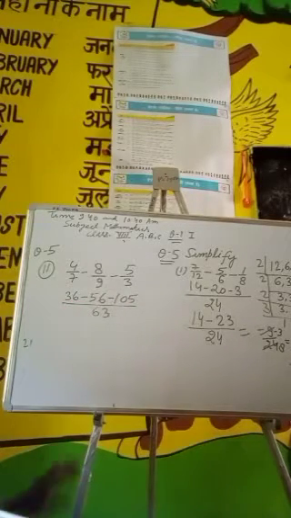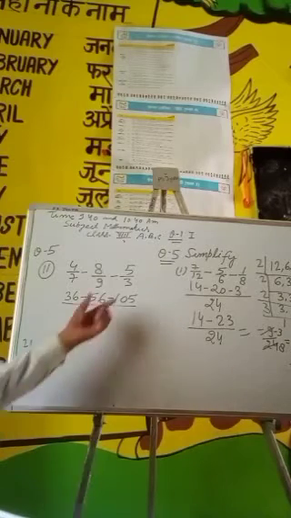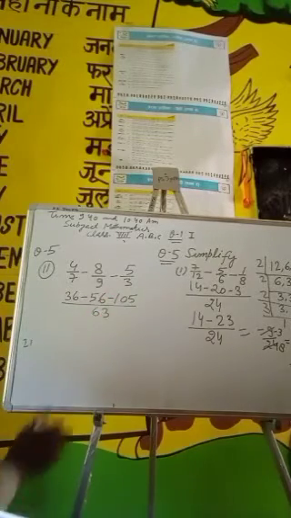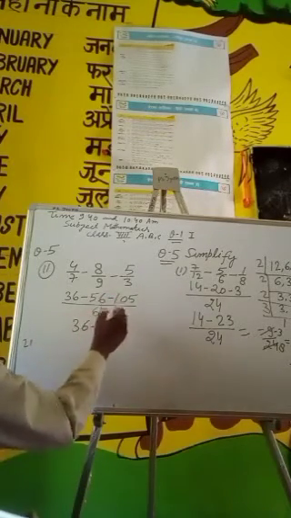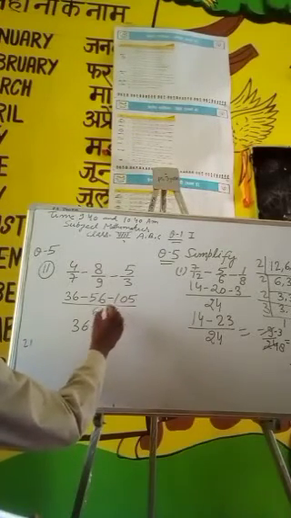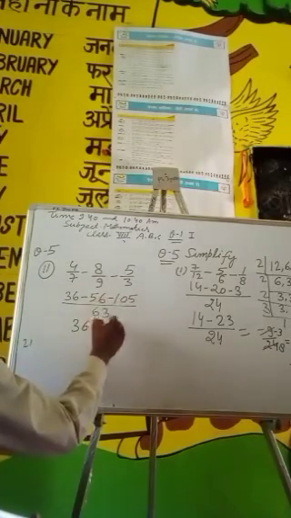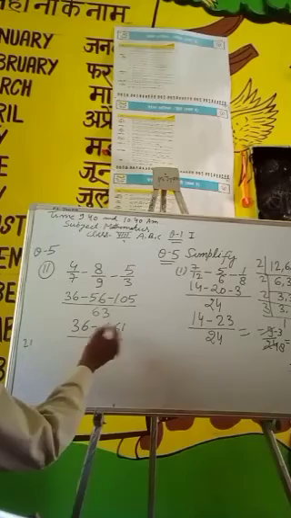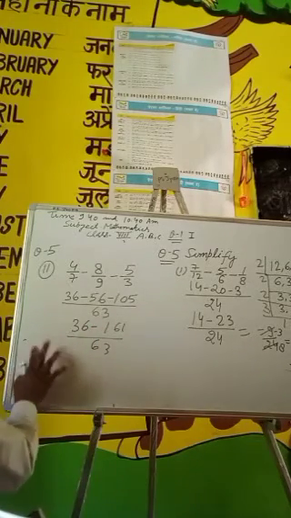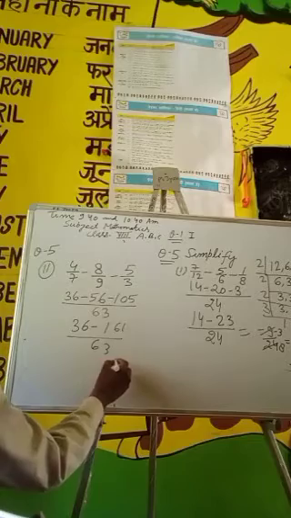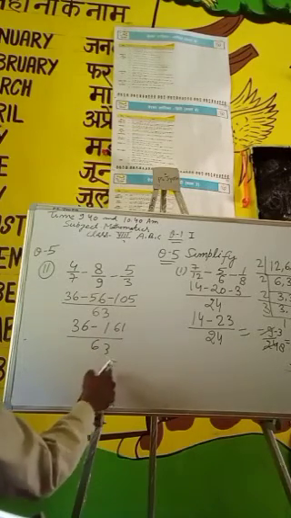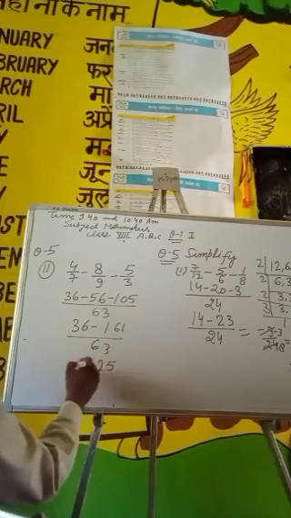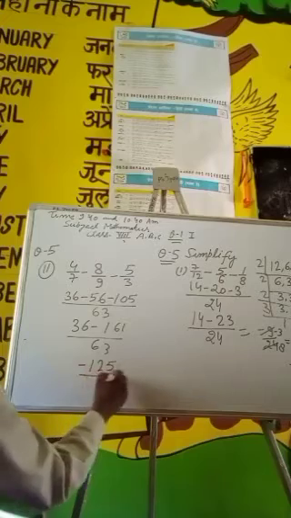Minus 56 and minus 105 are the same sign, so they will be added. 6 5 11, we get 161 upon 63. Now 36 subtract from 161. 11 minus 5 6 5, 5 minus 3 2 and 1 minus 63.